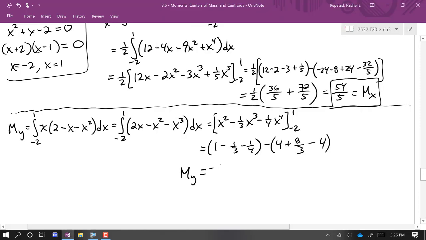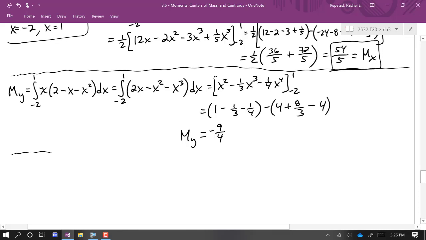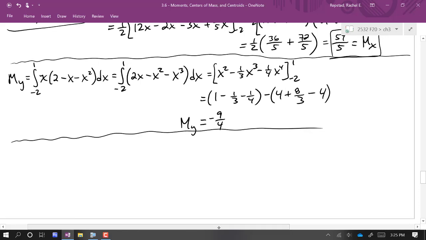Negative 9/4 for the moment about the y-axis. And now, finally, we're done integrating. Let's put this together, get our centroid.